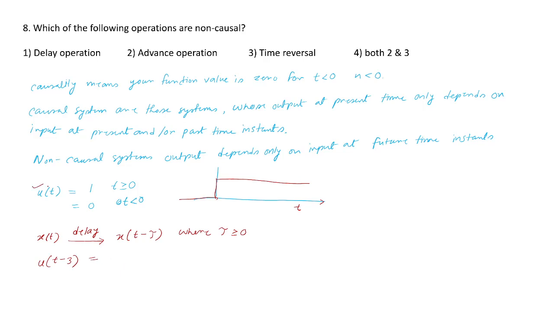According to the definition of the unit step function, it is going to be 1 for t minus 3 greater than or equal to 0 and 0 for t minus 3 less than 0. This is nothing but 1 for t greater than or equal to 3 and 0 for t less than 3. If we plot it, it is something of this sort.